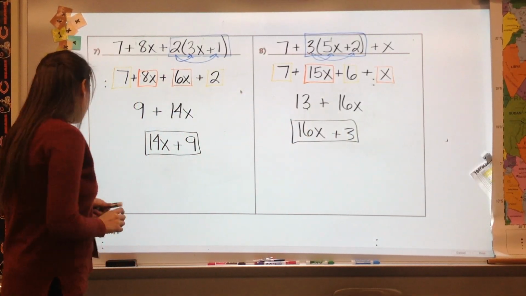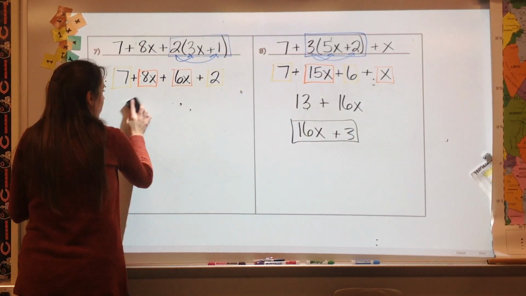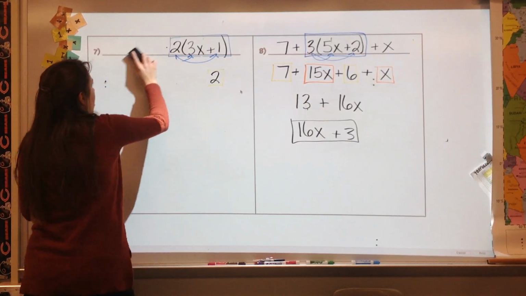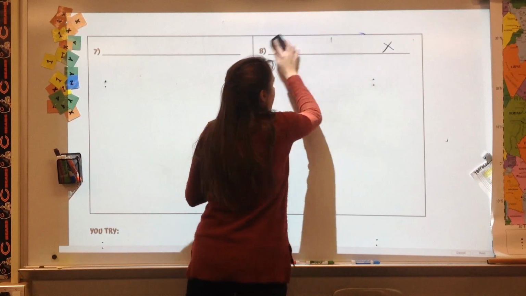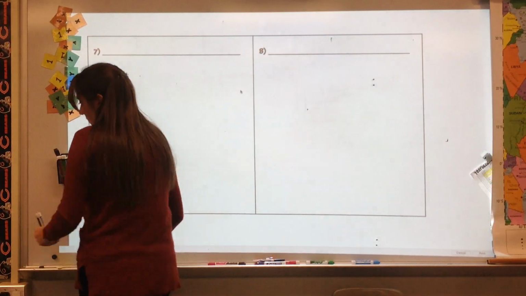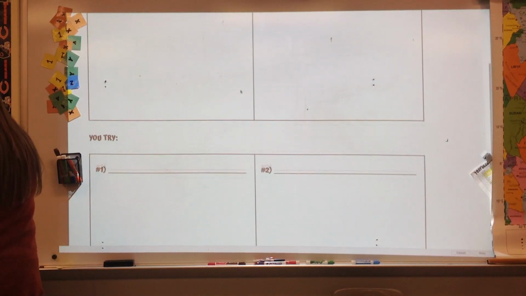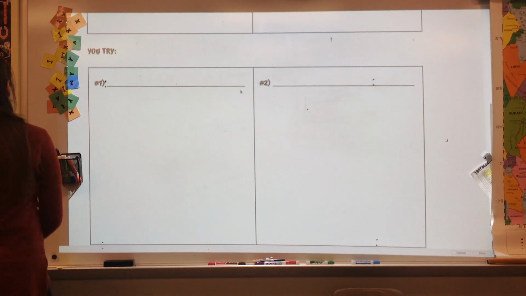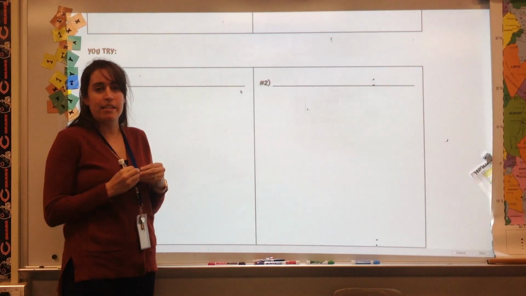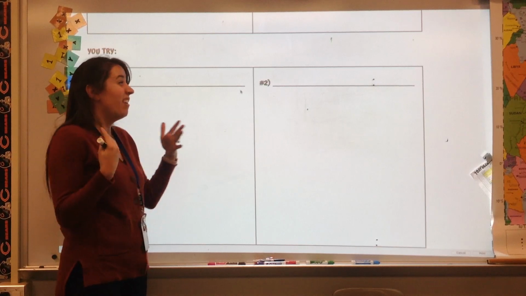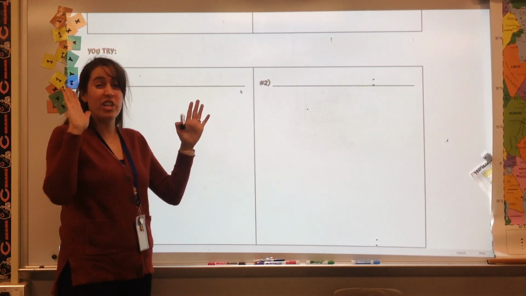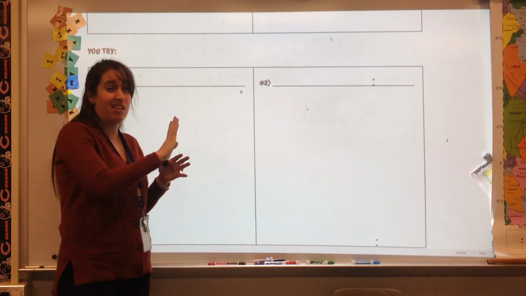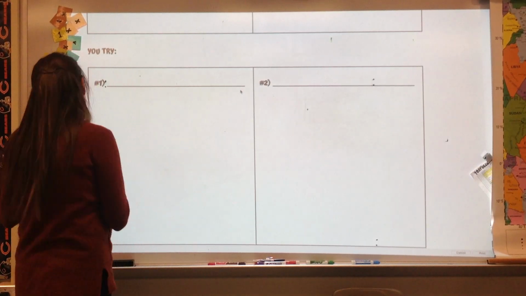Okay? So we're going to give you two You Try problems, one without distributing and one with it. And we want you highlighting as you are completing those. We did all of our problems with X's, Y's, Z's. If yours are not, maybe like the second one is going to have A's or B's in it, I would highlight just according to alphabetically. We did X, Y, Z, do A, B, C, kind of going with that.